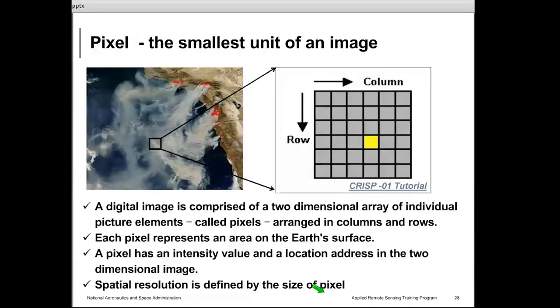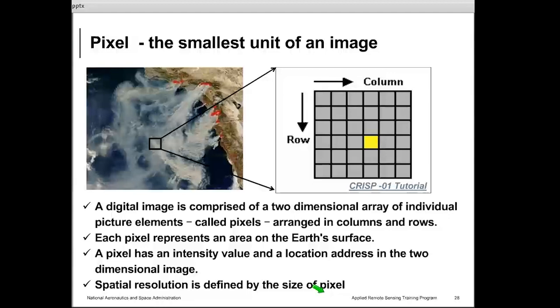Before defining this resolution, I would like to define a term which you will often hear when you use satellite data, called pixels. This is the smallest unit of an image, in the simplest words. So what you see here on the left is a satellite image, and if you take any part of this image, it is divided into an array of these small units, and each of these units is called a pixel.